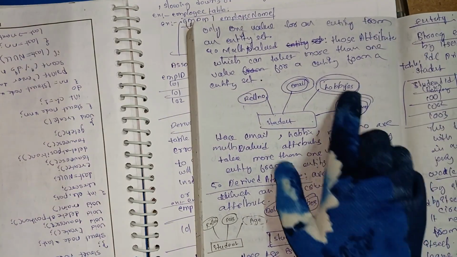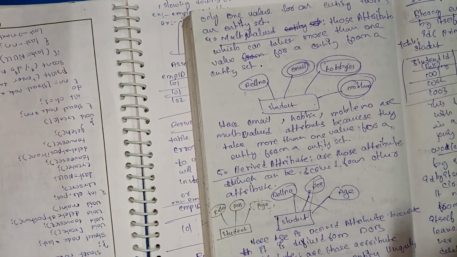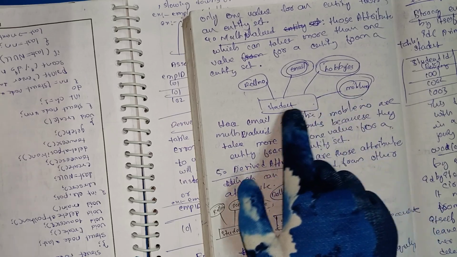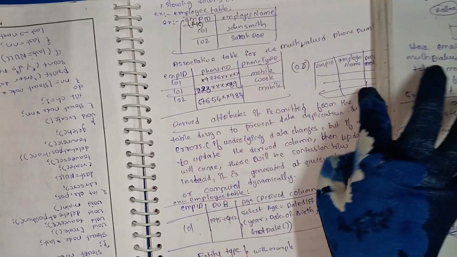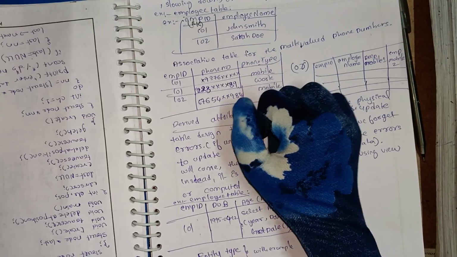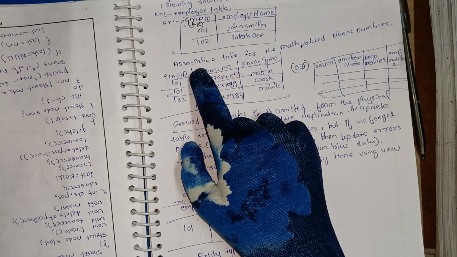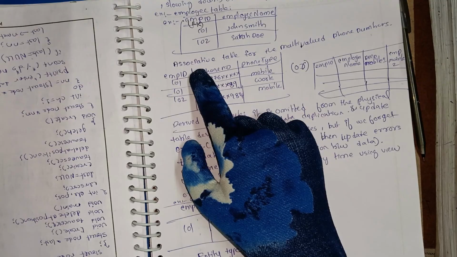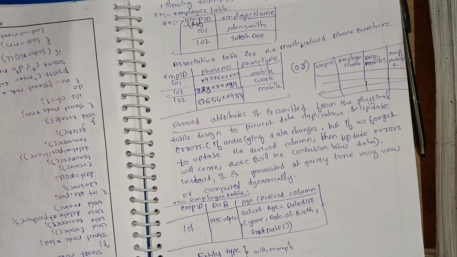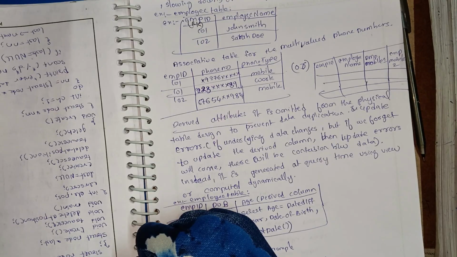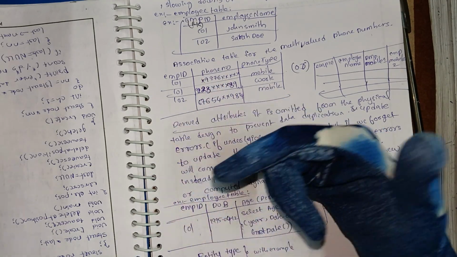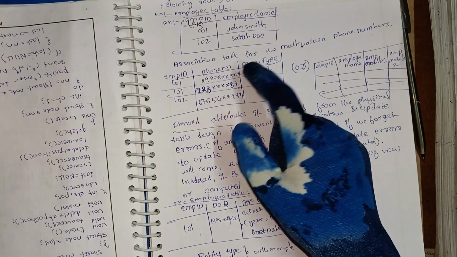So in this diagram we are presenting the multiple phone numbers example for a student in the relational data model. So we have created an associative table.